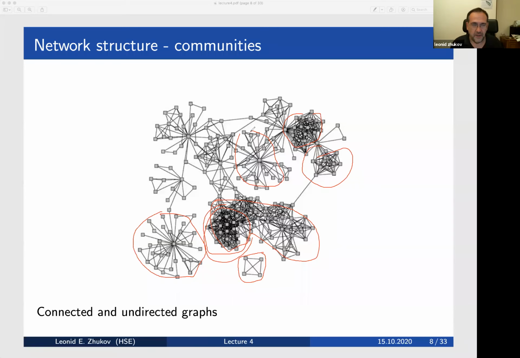There are different names for this. Sometimes it's called communities, sometimes people talk about clusters. You can think about your close friends. You can look at this in many different ways, and all of them go under the name of communities. Finding communities, or community detection, is a very popular and very well studied problem with lots of approaches.